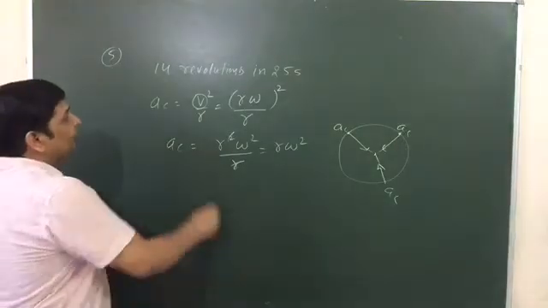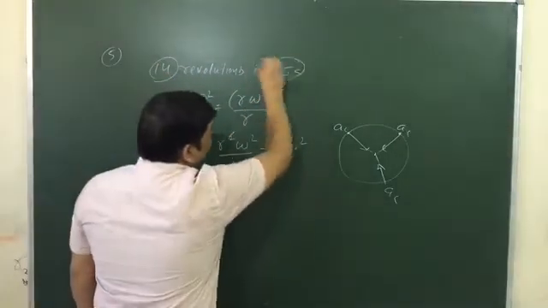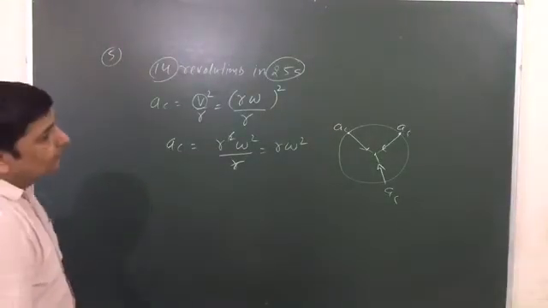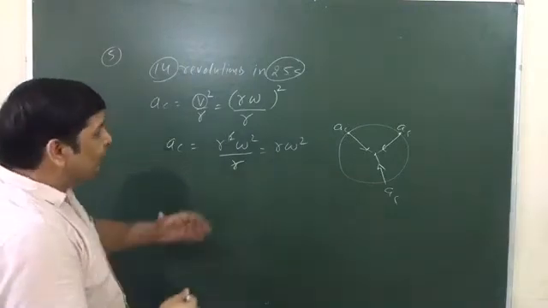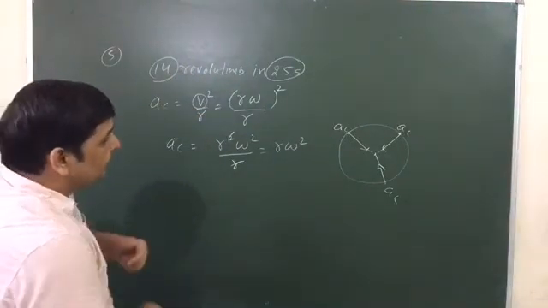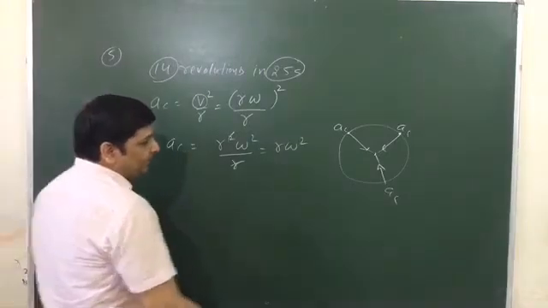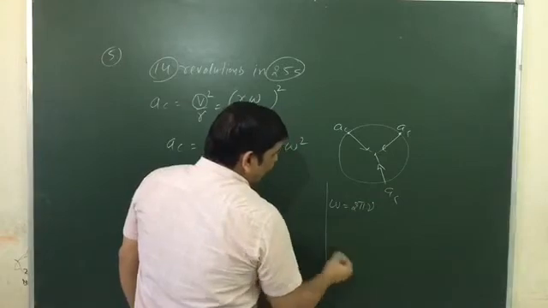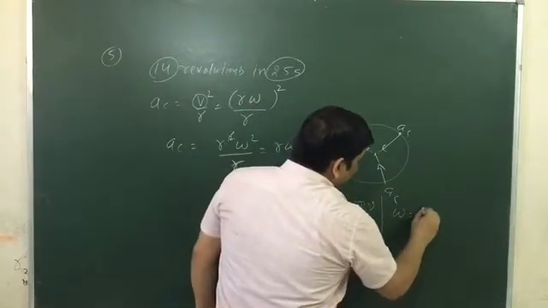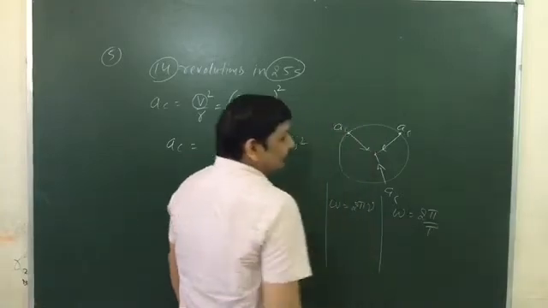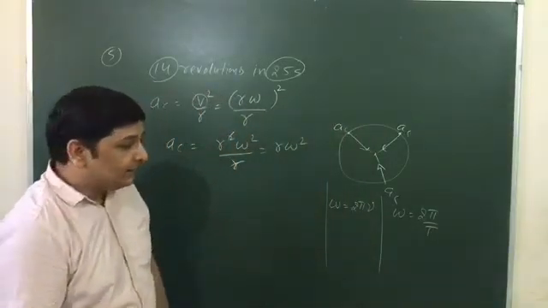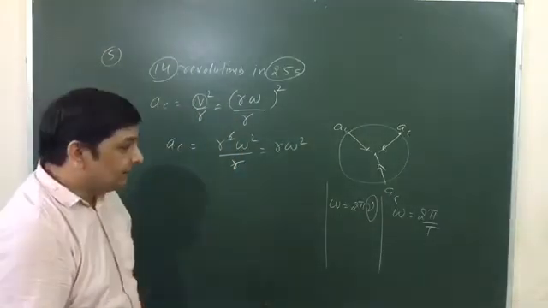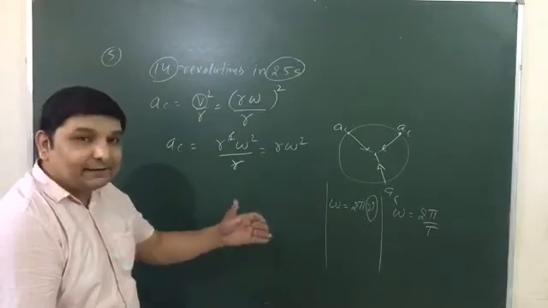Now, 14 revolutions in 25 seconds. We can find omega from this information. Omega is 2 pi into frequency, or 2 pi by T, where T is the time period, time taken to complete one oscillation, and frequency means number of complete cycles in 1 second.